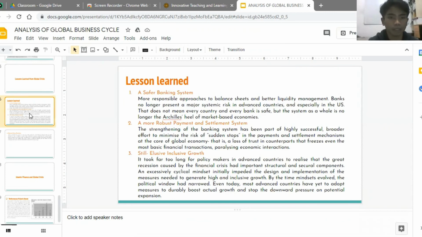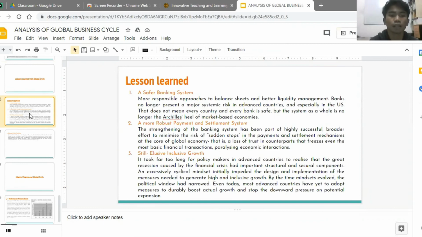Banks no longer represent a major systemic risk in advanced countries, especially in the US. That does not mean every country and every bank is safe, but the system as a whole is no longer the Achilles heel of market-based economies.